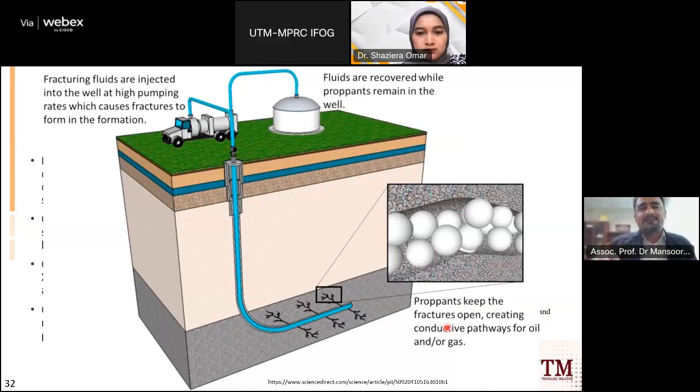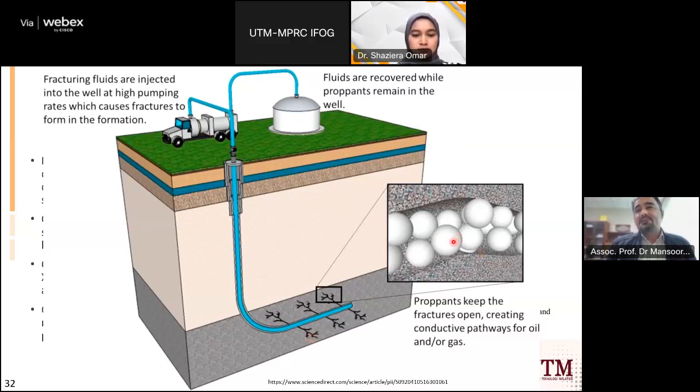In hydraulic fracturing, proppant is very important. Fracturing fluid will be injected into the well at a high pumping rate, which causes fractures to form in the formation. In order to prevent this fracture from closing, we need to pump certain materials that can actually prevent closure of the fracture.